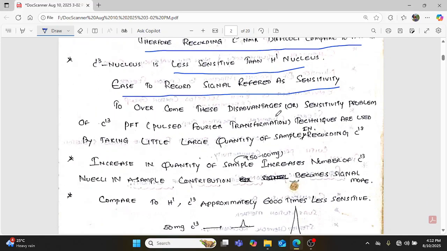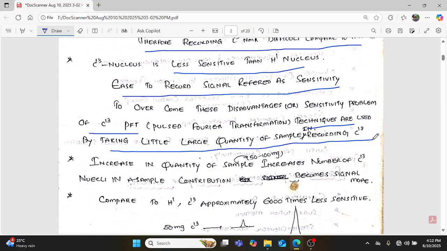To overcome these disadvantages or the sensitivity problems of C13, PFT, pulsed Fourier transformation techniques are used, taking a little larger quantity of sample in recording the C13 NMR spectra. Already we know the Fourier transform spectroscopic technique, FT-NMR; we have a clear discussion in our videos.